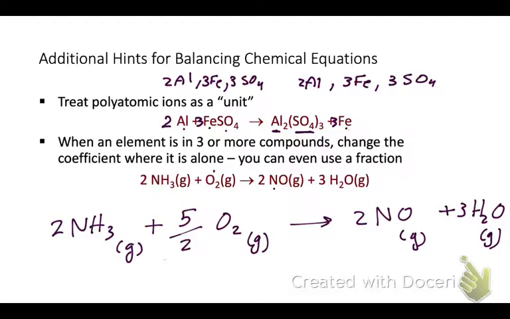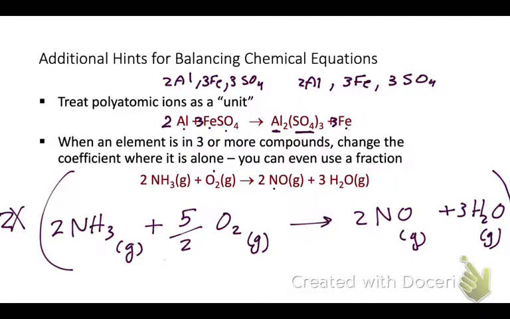Because right now we are viewing it as atoms and molecules, and we do not have half of atoms or half of molecules. If we're looking at it in a quantity moles, we can definitely do the fraction, but not in this case. So what I do, I multiply my whole equation by 2 to get rid of the fraction, right? And if I do so, the new equation will look like this.